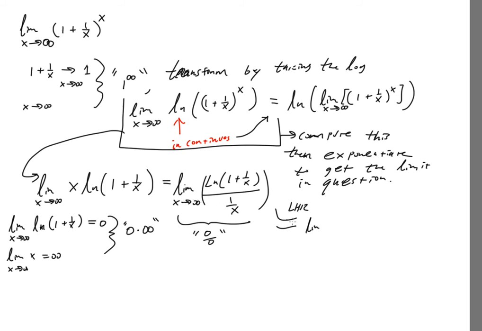Sorry, that's the limit as x going to infinity. We take 1 over 1 plus 1 over x. That's the derivative of the top. But then we have to use the chain rule to get the derivative of the inside, 1 over x. And the derivative of the bottom is going to be negative 1 over x squared as well. That's really nice. These cancel.